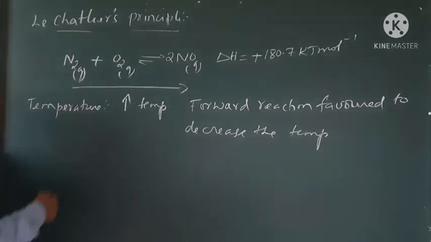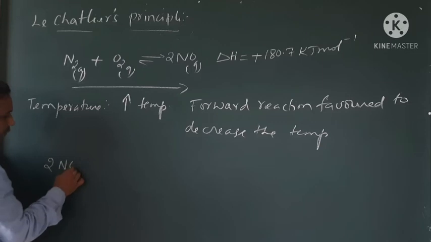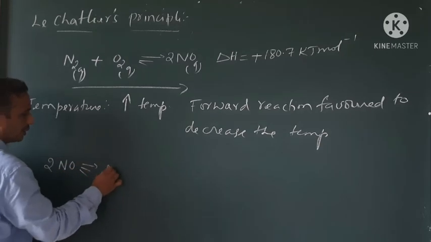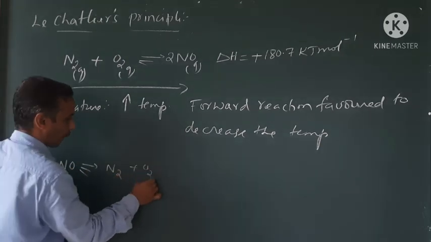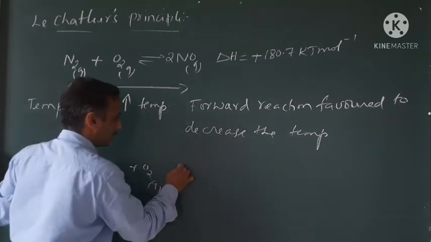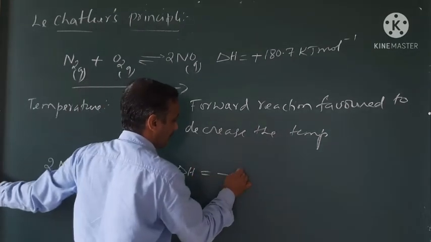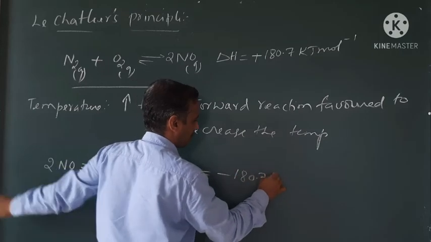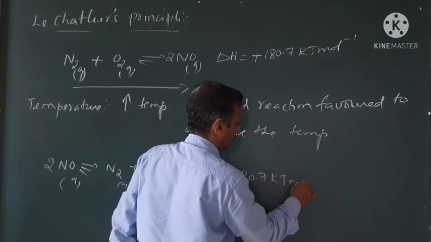Whereas here, 2NO giving N2 plus O2, delta H is equal to minus 118.7 kilojoules per mole.